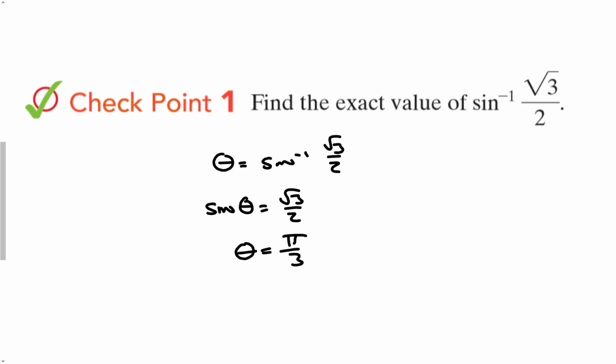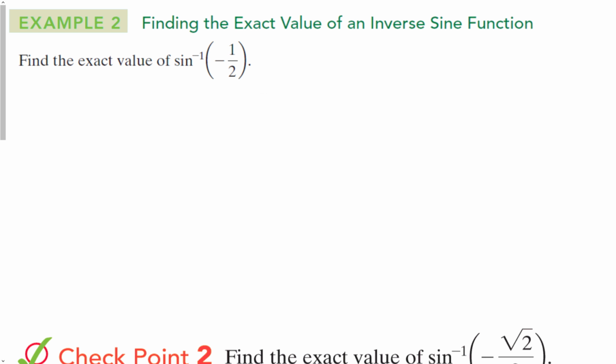Again, right from the unit circle, check your unit circle and make sure you're getting these angles right. Now, as we get a little bit later, not all of these numbers will be so recognizable from the unit circle, but for now, let's stick with the easier ones.